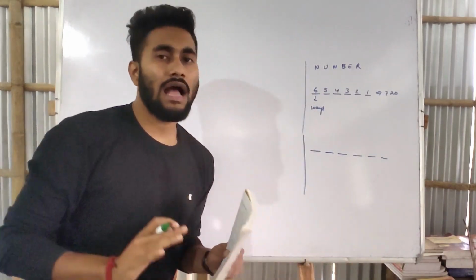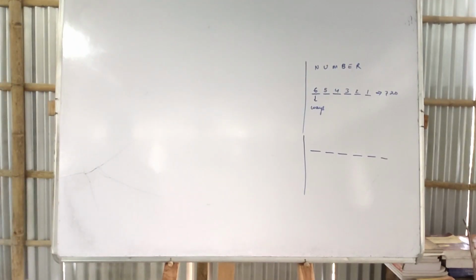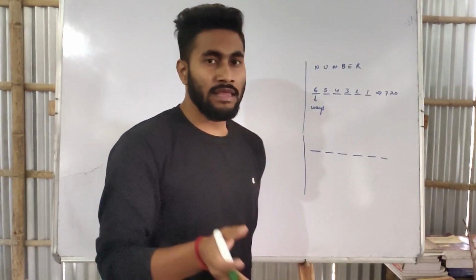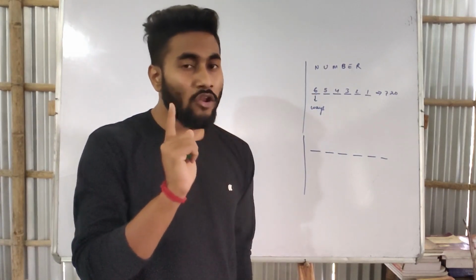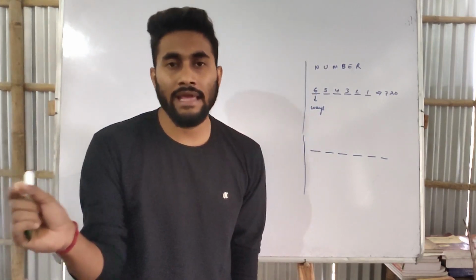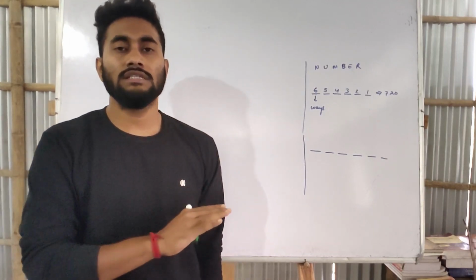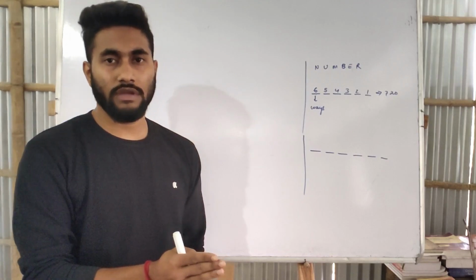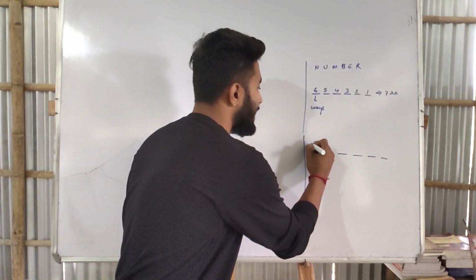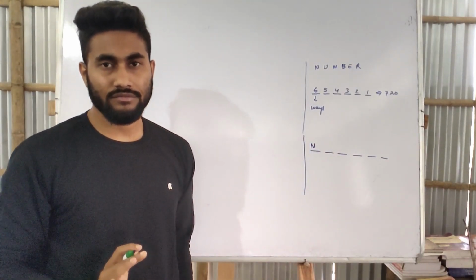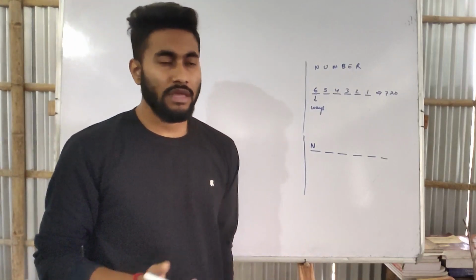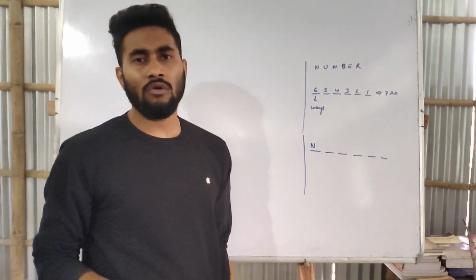Out of 720, how many will begin with the letter N? So N has to be at the beginning. That means N cannot move. We cannot arrange the letter N. If you cannot arrange the letter N, there is nothing to do with the permutation of that N. Because N cannot move, there is no need to count N.